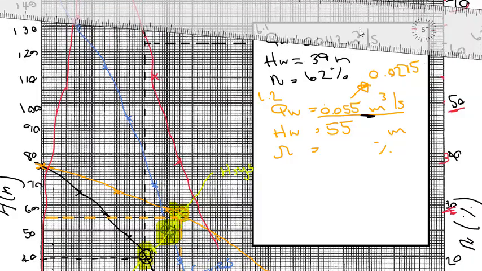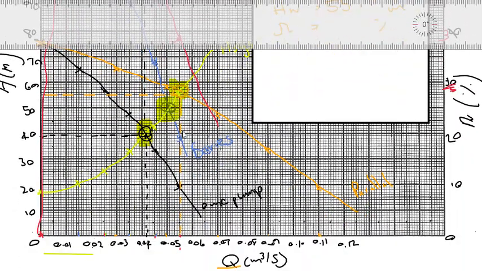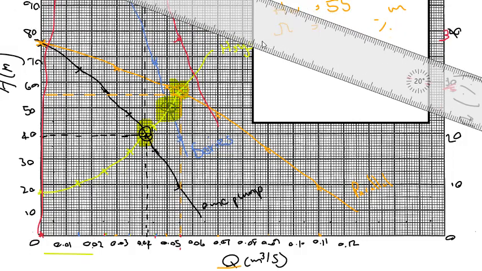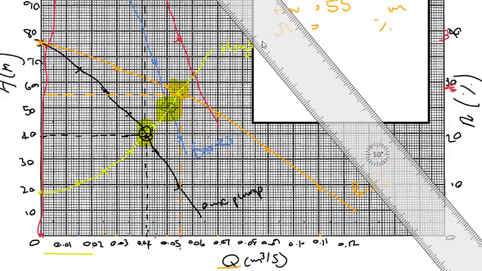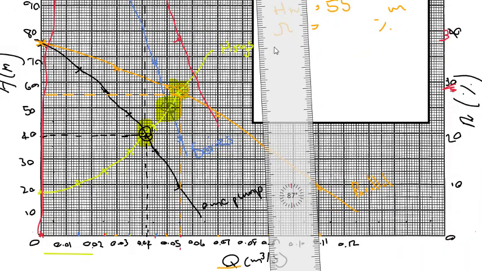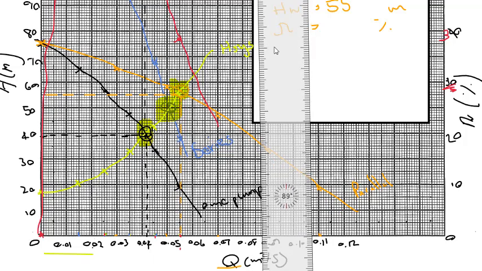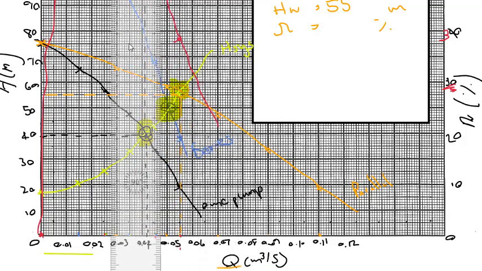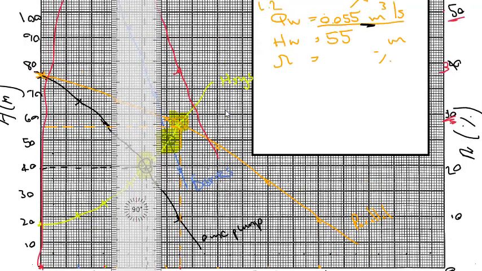So let's turn on our ruler, turn it to 90. And then let's find our horizontal axis value, which is 0.0275. So that one is 0.05 there, 0.025, 0.026, 0.027. So it's more or less this one here.